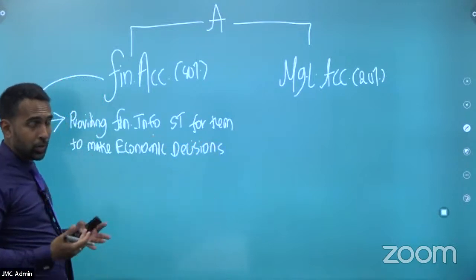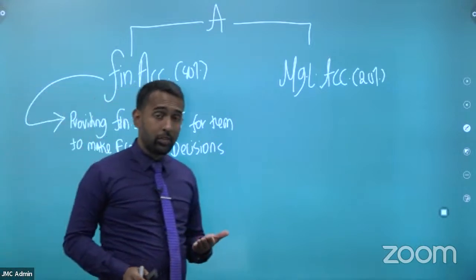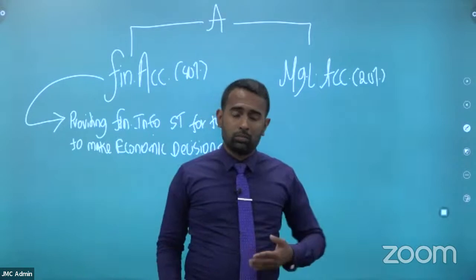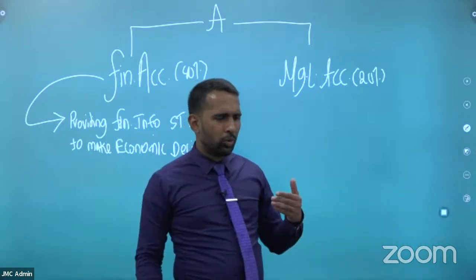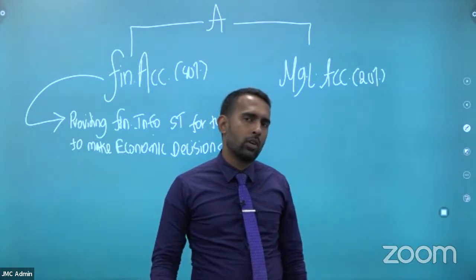Now, guys, if you look at this statement, it's more or less the same statement we have learned, right? So accounting is basically about providing the information to the stakeholders for them to make decisions.